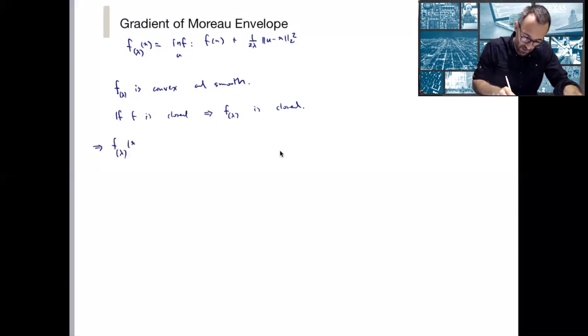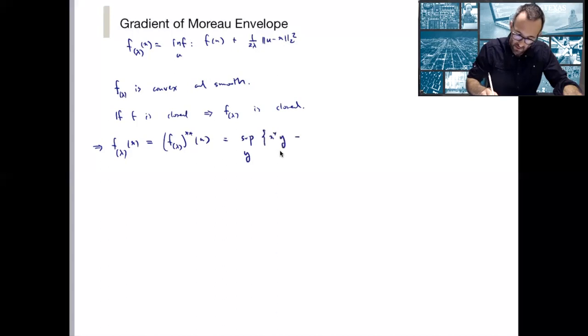So f lambda of x is equal to f lambda, the dual of the dual, evaluated at x. And just writing out the definition, this is the supremum over y of x transpose y minus f star of y plus lambda over 2 times the norm of y squared.